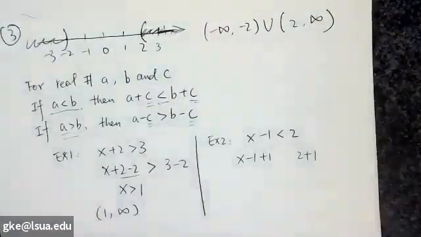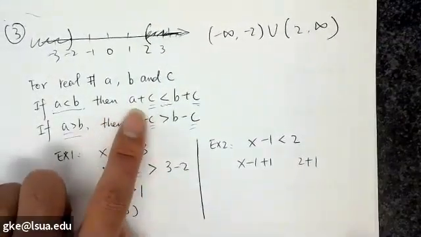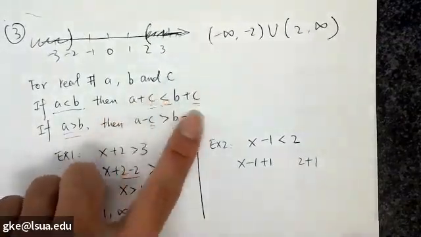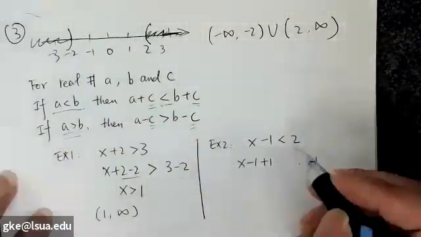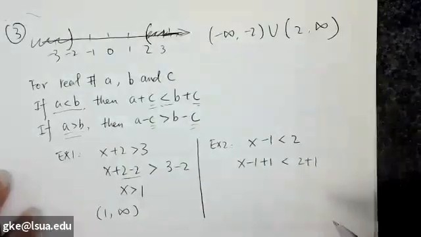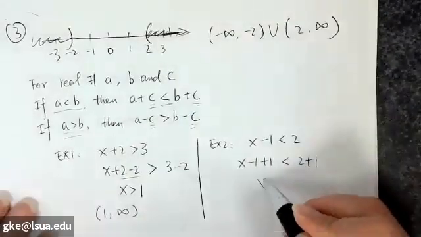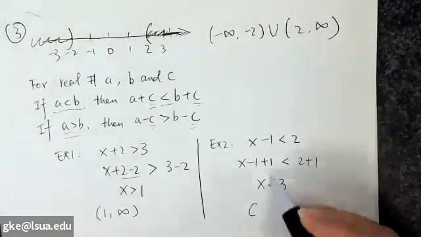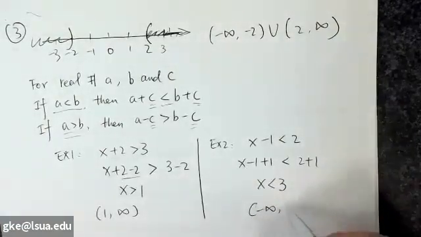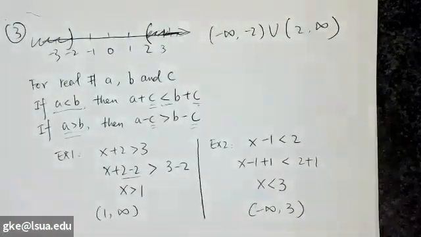Since we add a constant, based on the property, if we add a constant, we will not change the sign. Okay, keep the same. So x less than 3. And we're gonna write negative infinity to 3. Very simple, right?